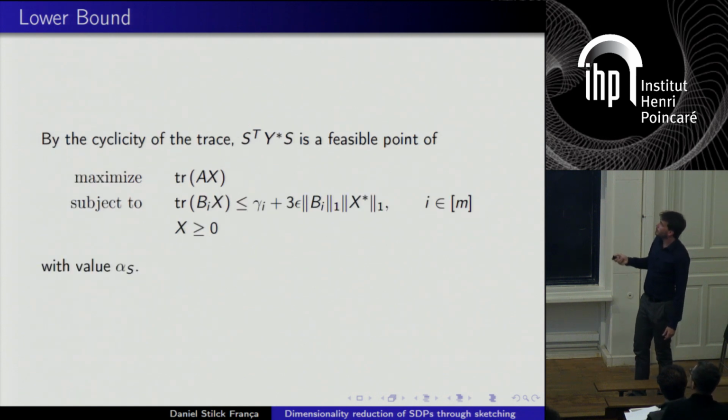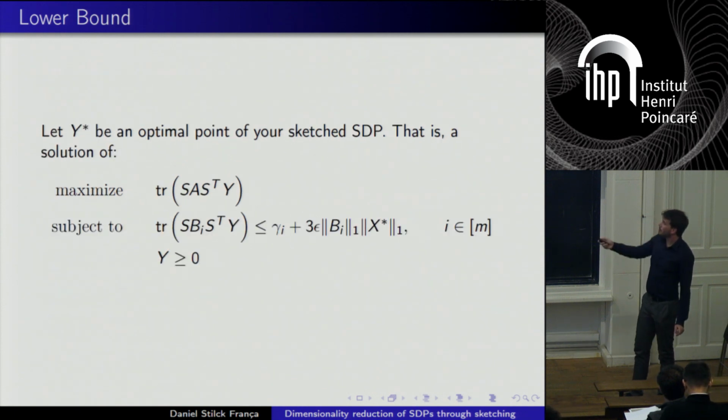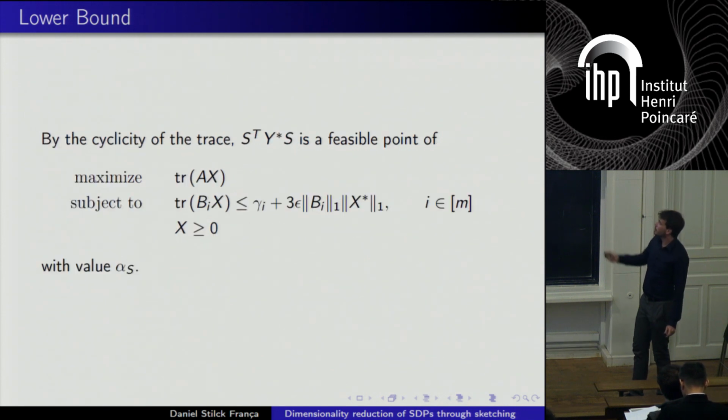Now, by cyclicity of the trace, if we just take this guy over here, we know that this positive semidefinite matrix is a feasible point of this SDP over here. And the value of this feasible point is exactly the value of our sketched SDP.